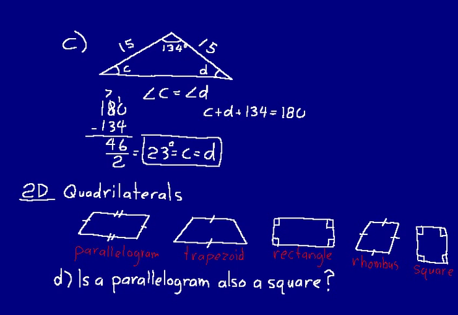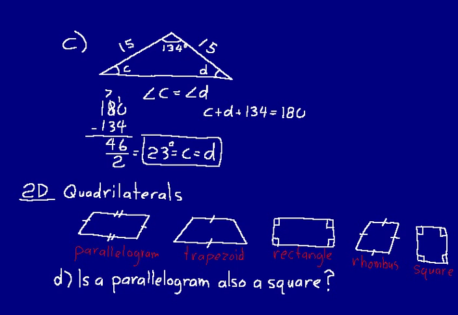A square has two pairs of parallel sides that are the same length, and also all of the angles are right angles. A parallelogram does not have to have both pairs of sides the same length and all angles right angles. So a parallelogram is not necessarily a square.